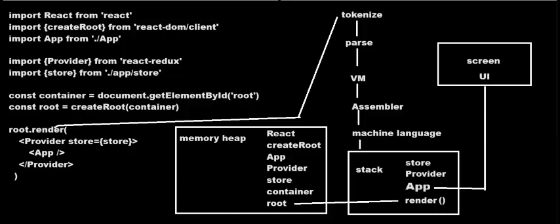Here it is interesting that everything finished in the memory heap. And when a function is called, it must be in the memory heap to be taken from the memory heap to an open frame on the stack. And because of that, here is import React from React, import createRoot. Import is like a declaration.